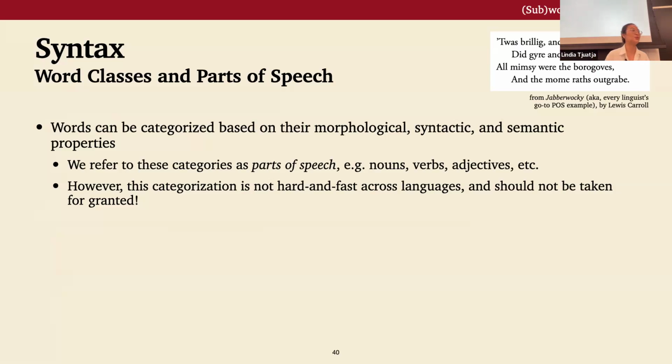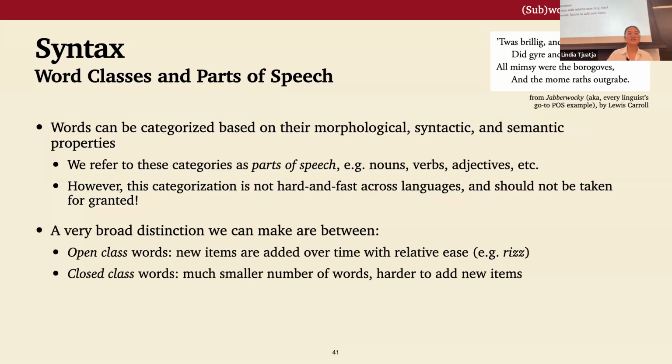As you study more and more complex languages, or languages that are just completely different from English, you'll realize that some of these boundaries between nouns and adjectives or verbs and some nouns are actually really, really blurry. So even though a noun is a person, place, or thing, and a verb is an action, it actually is a bit more complicated when you factor morphosyntax into it. So keep that in mind.